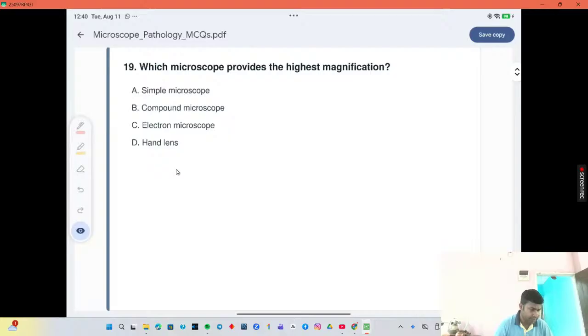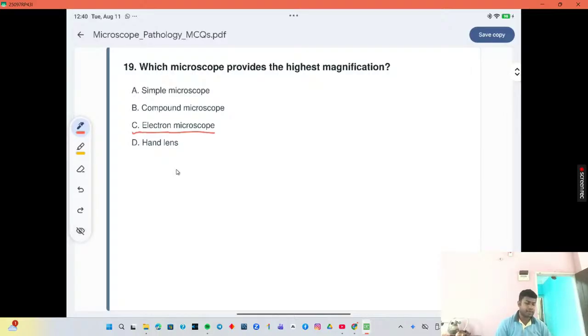Please answer it for me. The correct answer of this question will be electron microscope.